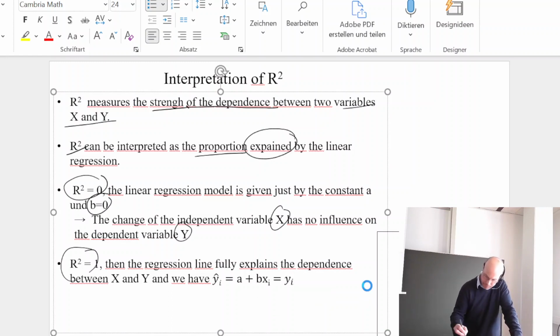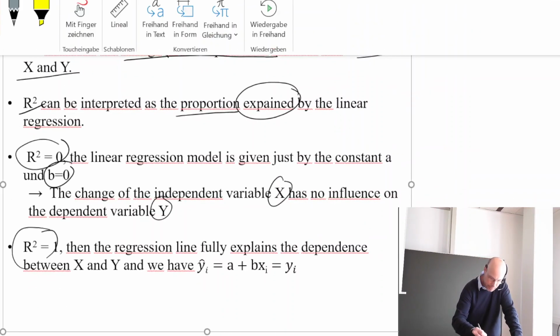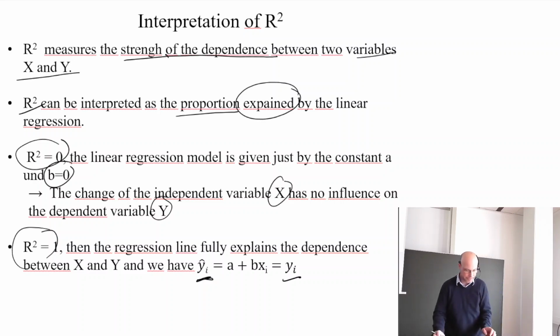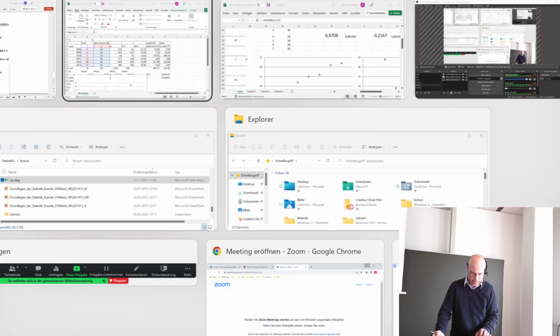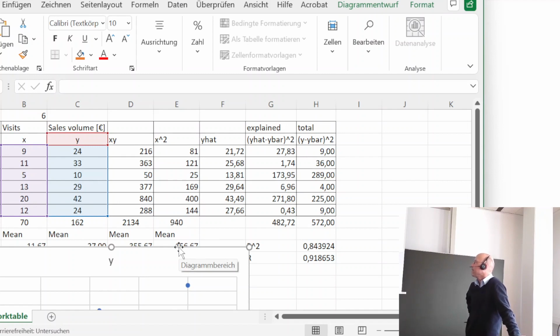So in this case, we really can say that our theoretical value just coincides with our measured data point. Okay, and in the end today, of course, we have calculated many things by hand.